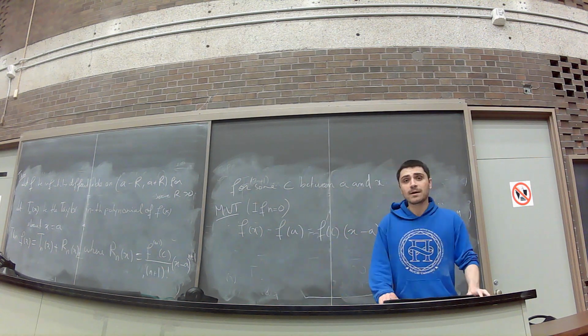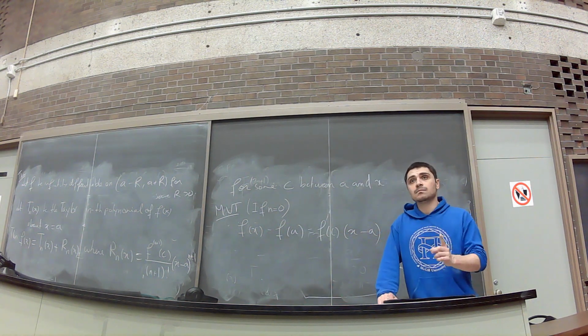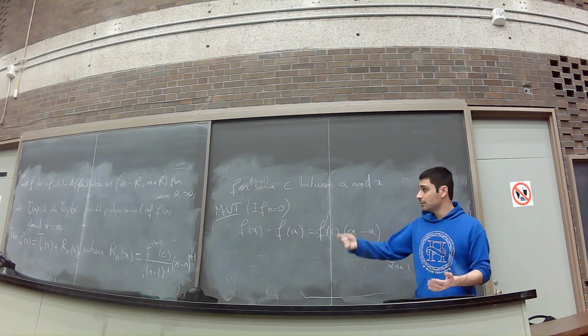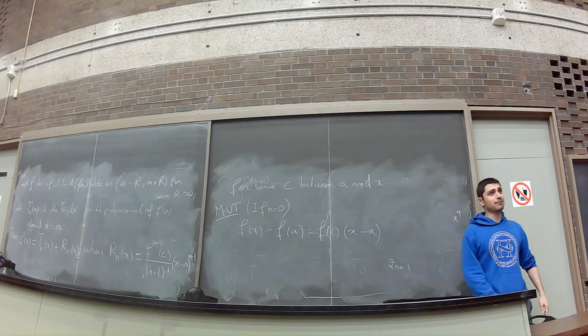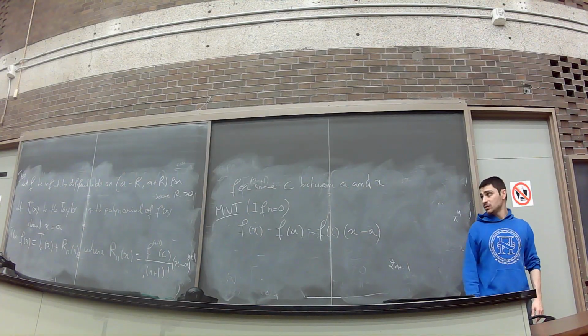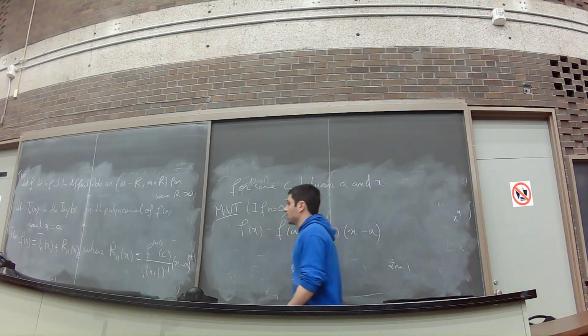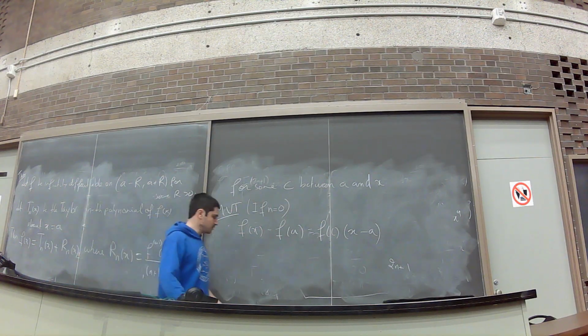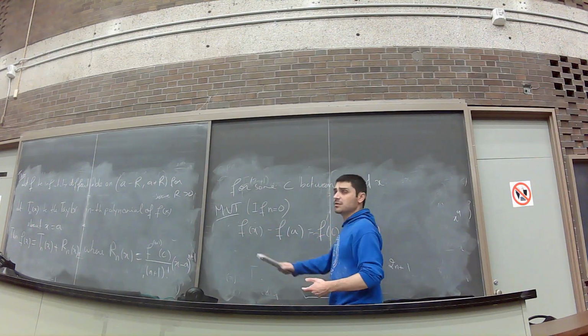This is the whole point. Yes or no? You see that? So the idea is: what are the conditions on f so that Rn of x goes to 0? This is a very important theorem.